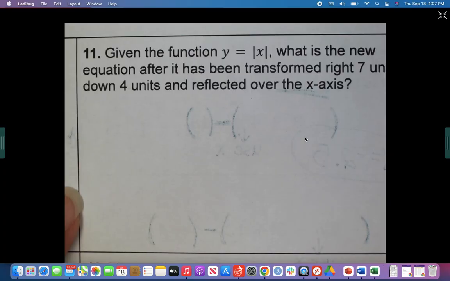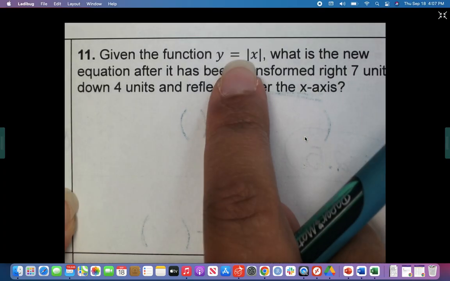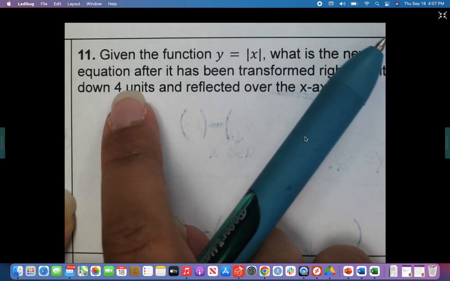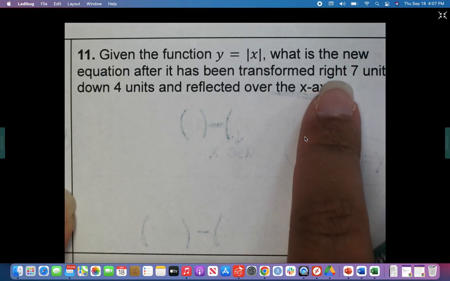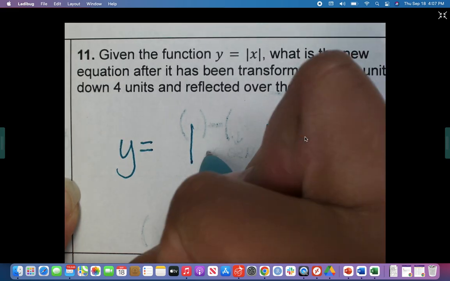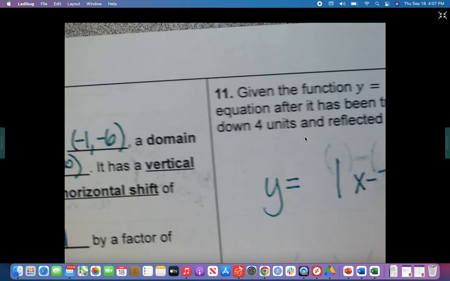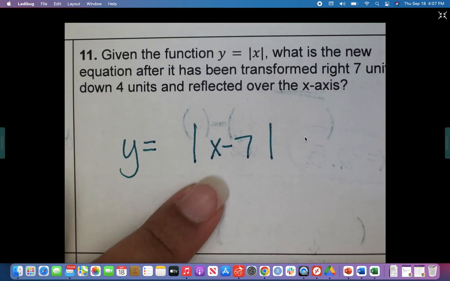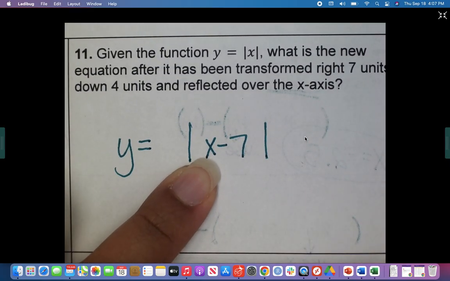Here, more stuff with your transformation. Same thing. This is what we're transforming. We're writing the new equation that has these components. It needs to go right 7. Over here, we saw that plus 1 went left. I need to go right, so that's going to be x minus 7.